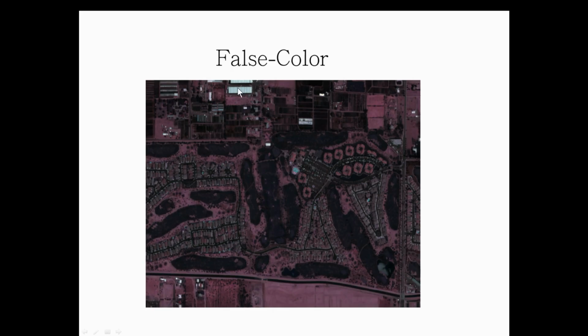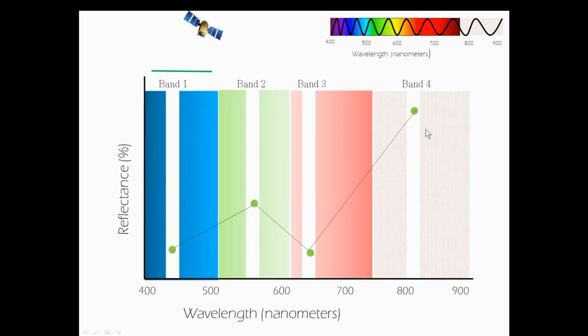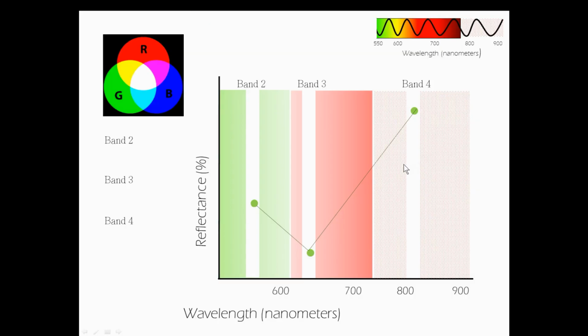But what if we wanted to display a band in a region outside of visible light? Let's say a band in the near infrared region. So we'll take away band 1, since the image that we'll be working with doesn't have a band in the blue region, but has 1 band in the green region, 1 in the red region, and 1 in the near infrared. In the case of band 4, we're dealing with a band in a region with wavelengths that we can't see.